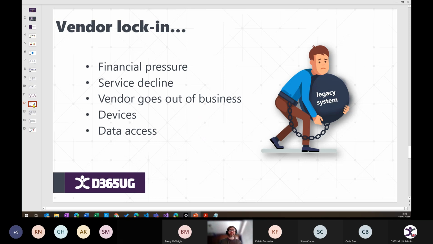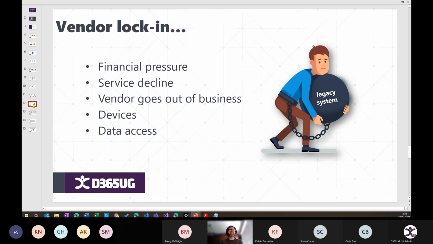A lot of the charities we get involved with tend to have what we call vendor lock-in issues. Basically they've bought a piece of software. Sometimes it could be quite an old piece of software, 15 years or so. Other times it could be more recent than that. The problem is they get this vendor lock-in, which means they're tied to that vendor.